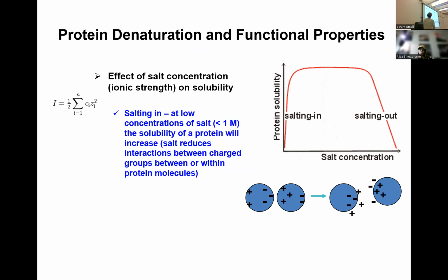So we talked about sometimes adding a little bit of salt to beverages to enhance the solubility, such as phosphate in protein beverages. What it does is add charge load.